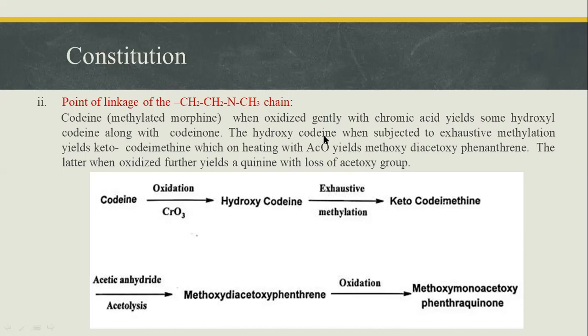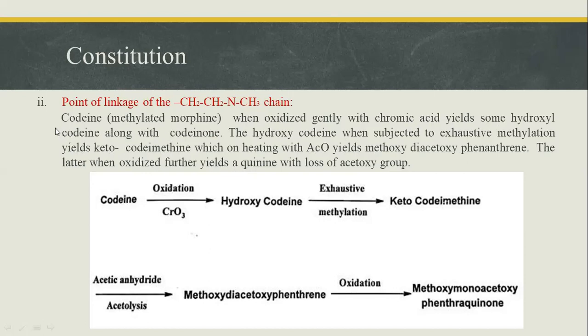The hydroxycodeine on exhaustive methylation yields ketocodimethine, which on heating with acetic anhydride yields methoxy diacetoxyphenanthrene. So thus, when oxidized, it further gives quinone with the loss of acetoxy group.